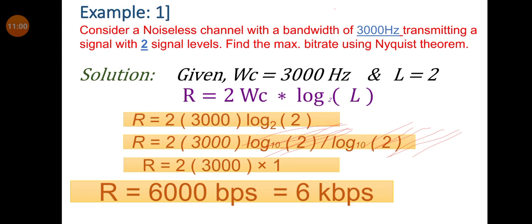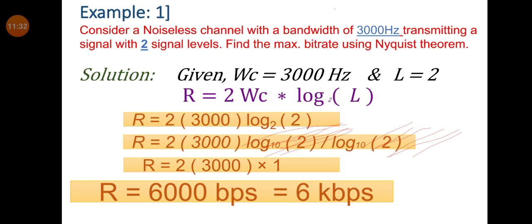If you want to represent it in kbps, kilobits per second, then we can represent it as 6 kbps. Why is 6000 bps equal to 6 kbps here? Do you know? Because 1000 bps means 1 kbps. 1 kbps means 1000 bits per second. So accordingly 6000 bits per second means 6 kbps.